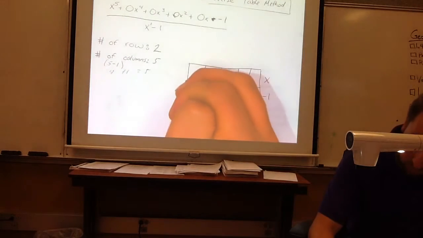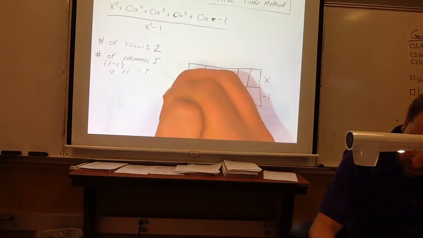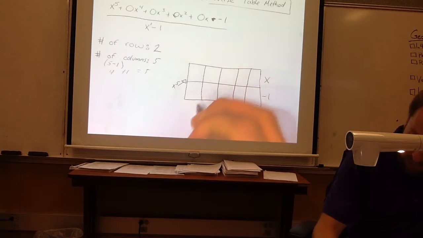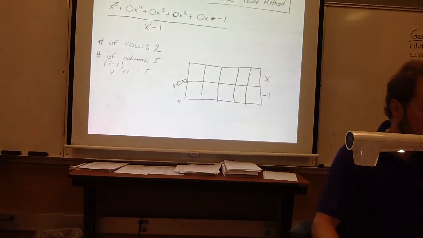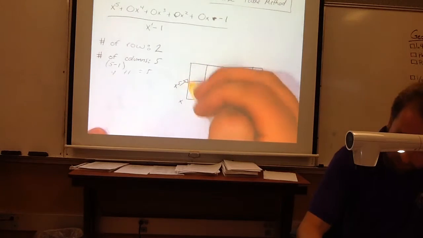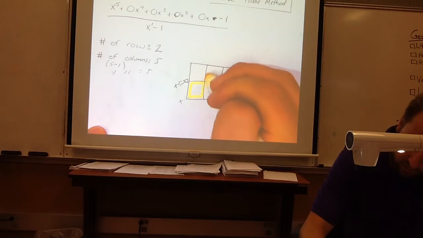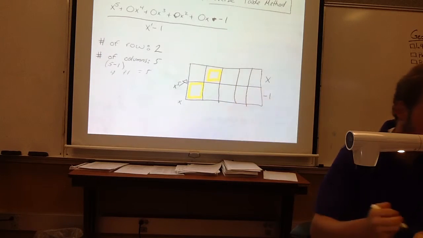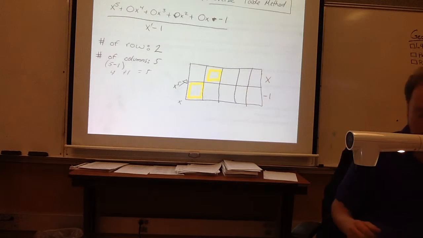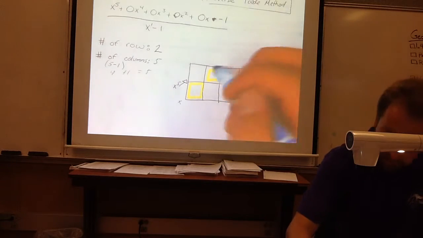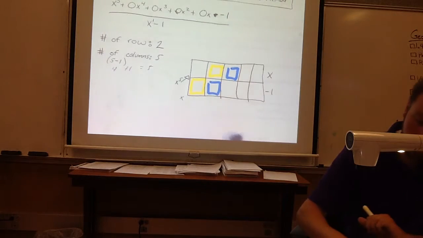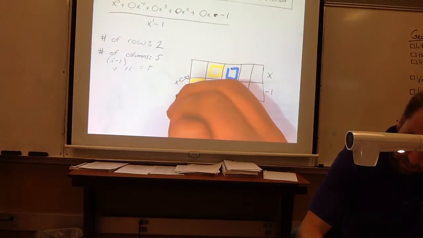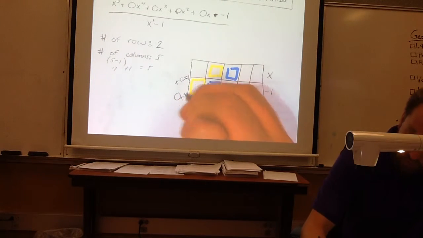Now, you have to see the diagonals here. Out of each diagonal, we'll get some colors out. Out of these boxes here, and out of these boxes here, this has to be 0x to the 4th.